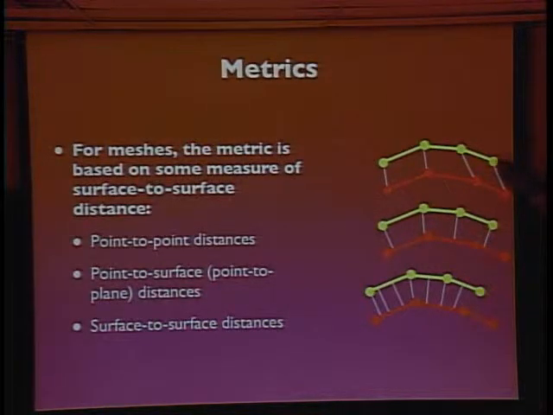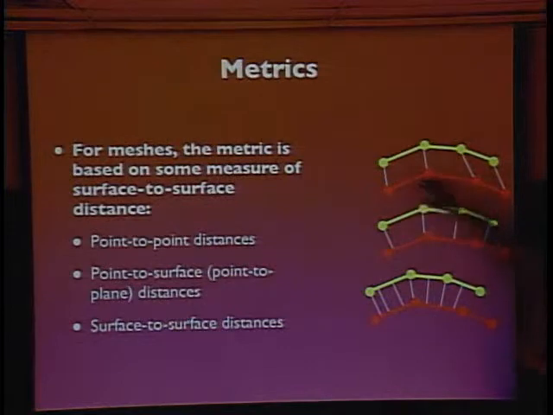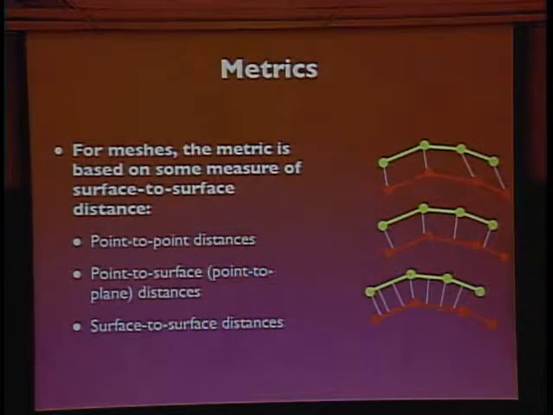For every point on the moving mesh, you want to calculate its nearest point on this data set, which in the worst case means that you have to calculate a distance between this guy and all the other points on the red surface. That's not how you would do it in practice, because you can be more efficient about this so-called all points nearest distance problem, which is to say for all points in the green, you want to find the nearest point on the red. But that's sort of your worst case.